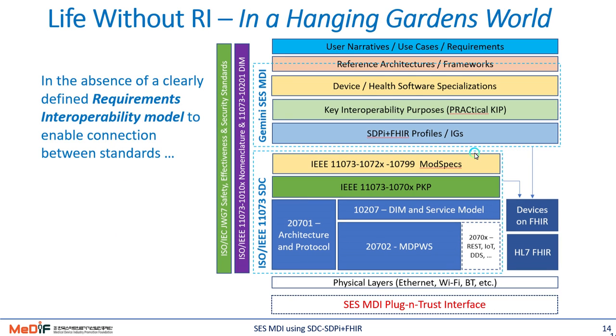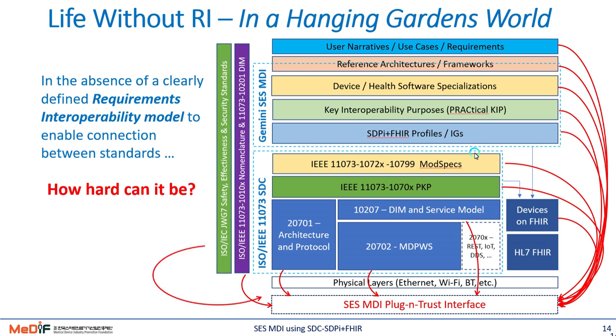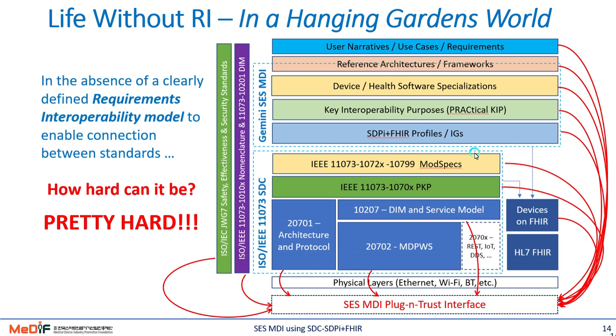Well, in the absence of a clearly defined requirements interoperability model to enable this connection between standards, let's look at the Hanging Gardens model. How hard can it be? Well, you have to build integration from each standard, one standard at a time. That is pretty hard. And that happens in an ad hoc way.